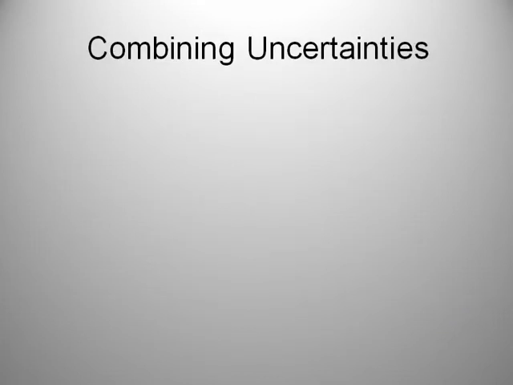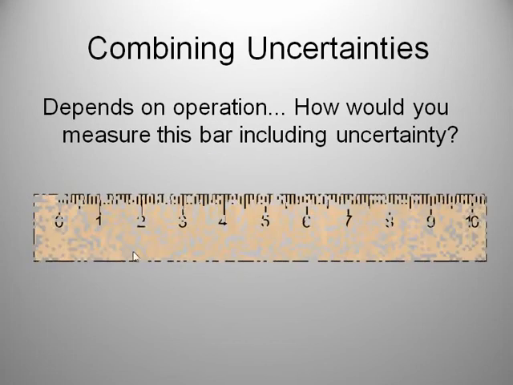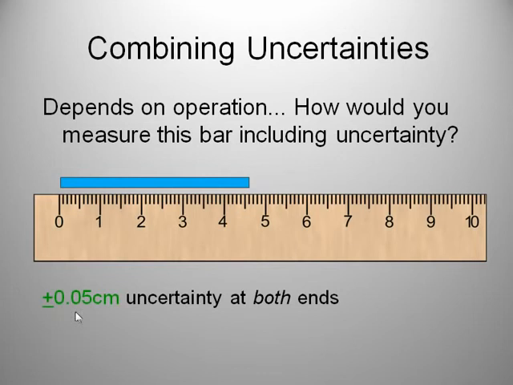How to combine uncertainties? There are some rules for combining uncertainties. For example, you have a ruler and a bar and you want to say how long is that bar? Since this is an analog ruler, we have plus or minus half the smallest gradation, which is 1/10 of a centimeter, so half of that is 0.05 centimeters.